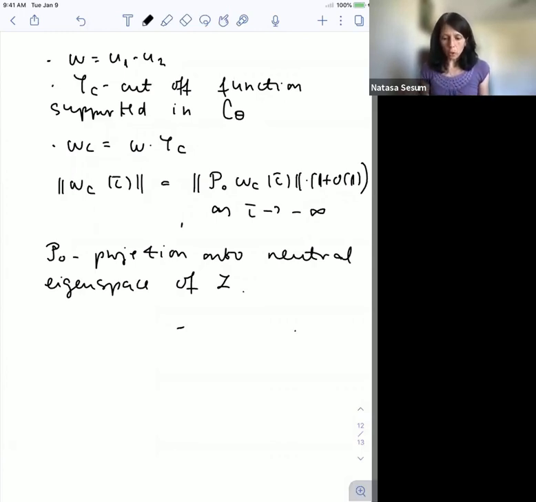So that the norm of the difference behaves like the norm of the projection onto the neutral mode. So the projection onto the neutral mode is what dominates.